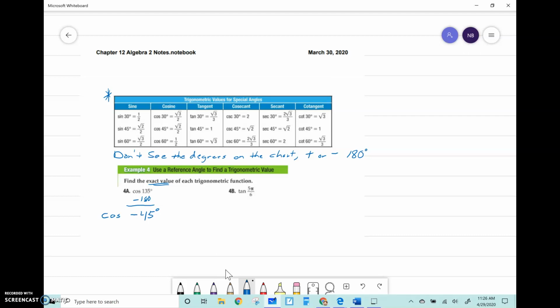Now, my answer is going to be negative because I'm taking that negative measurement with me, all right? Now, I'm going to go back up to cosine and land right there where it says the cosine of 45 degrees. And it has square root of 2 over 2. All right. So if you end up, when you add or subtract, if you end up still in the negative, take that negative with you to your answer.